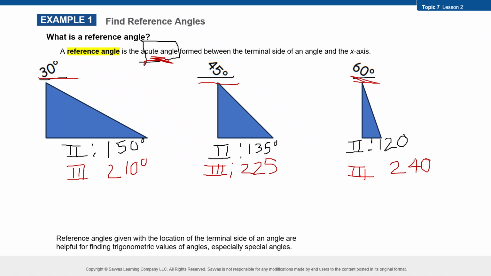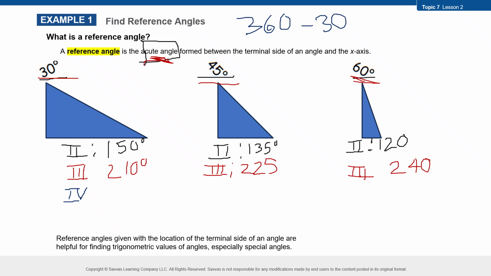In quadrant 4, things are different because to find a reference angle of 30 degrees in quadrant 4, you're going to take 360, because the maximum amount of angles is 360, minus 30.